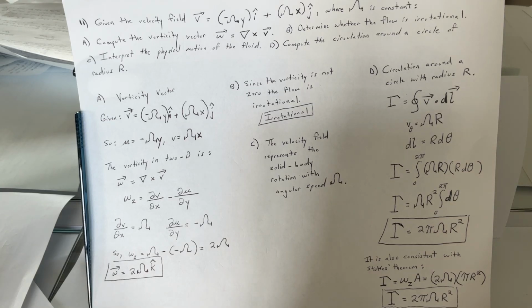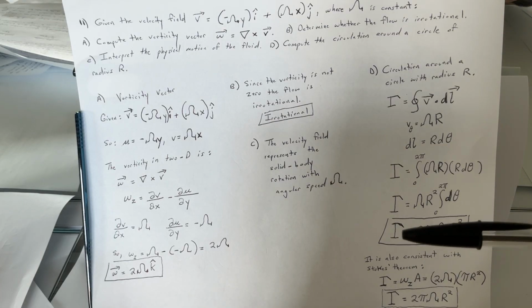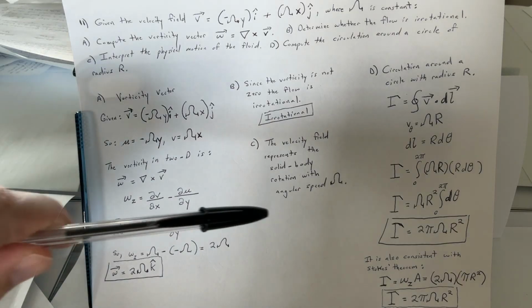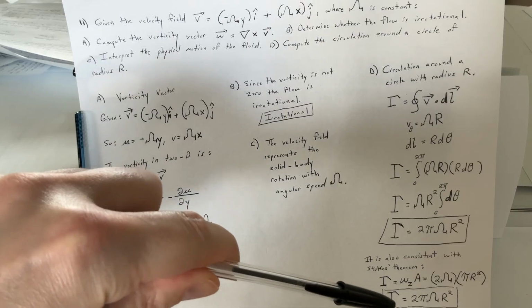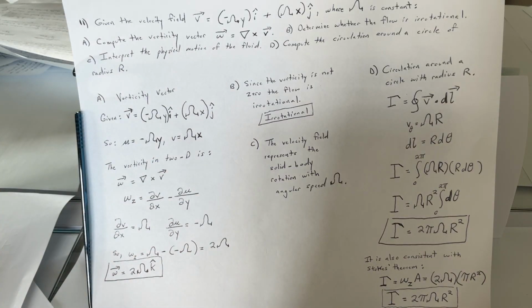That's just 2 pi minus 0, which is 2 pi. So our circulation is 2 pi times omega times R squared. And this is also consistent with Stokes' theorem.